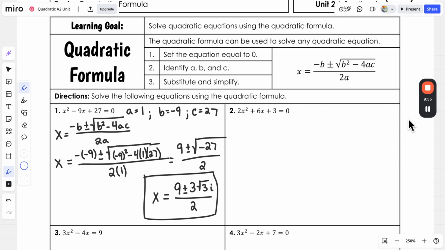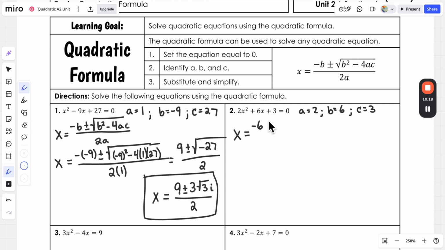On this one, we identify our parts. A is equal to 2, B is equal to 6, and C is equal to 3. Now that we have those, we begin substituting into the formula.